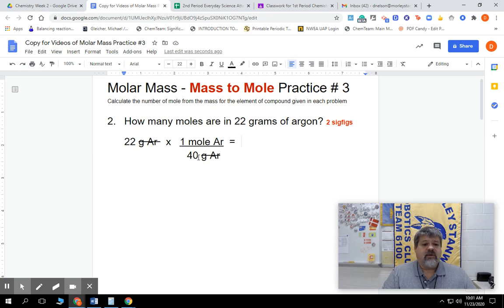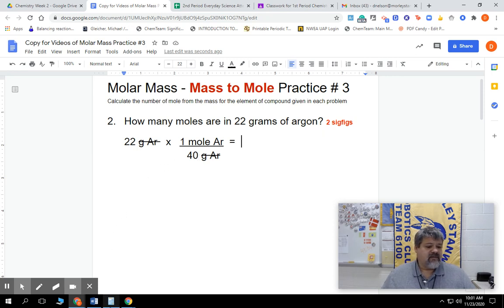If you don't show it, you're not going to get credit for it, because these are worth multiple points on the assessment. My guess is they're going to be worth about 10 points apiece, and every time you don't do something, you're losing valuable points. The answer is only worth 1 point. So make sure that you have everything labeled.